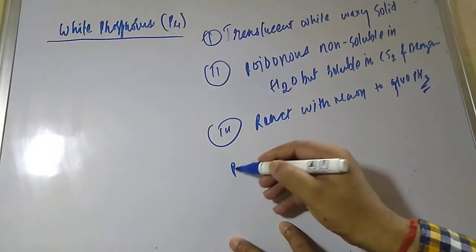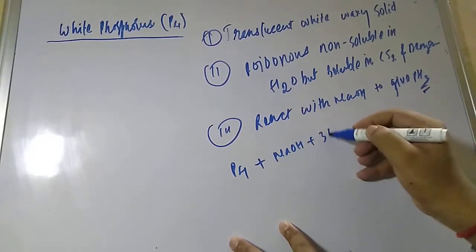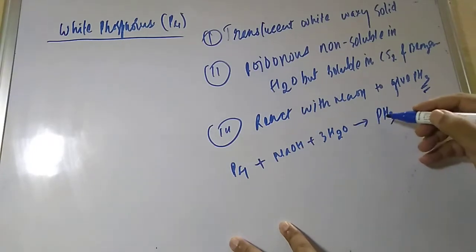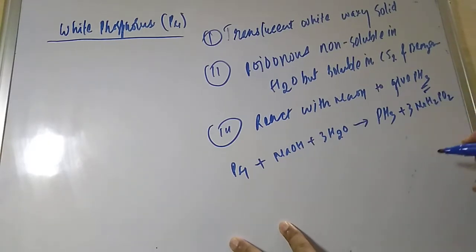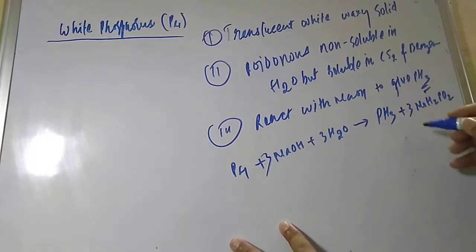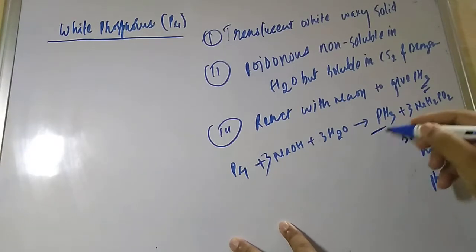White phosphorus reacts with NaOH and 3 moles of water to give PH3 plus 3 moles of NaH2PO2, sodium hypophosphite. So here you can multiply by 3. This is sodium hypophosphite, and this is phosphine.